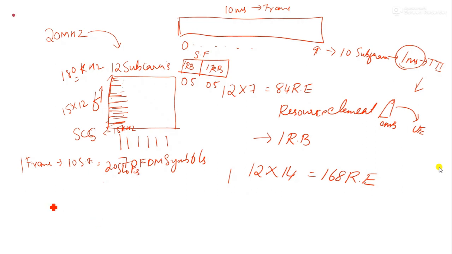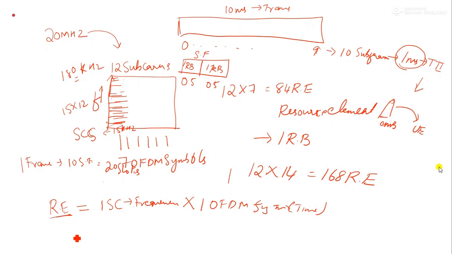The resource element definition is one subcarrier in frequency domain into one OFDM symbol. The OFDM symbol is time domain. So a resource element comes in both frequency as well as time. Resource block is also frequency and time, both.